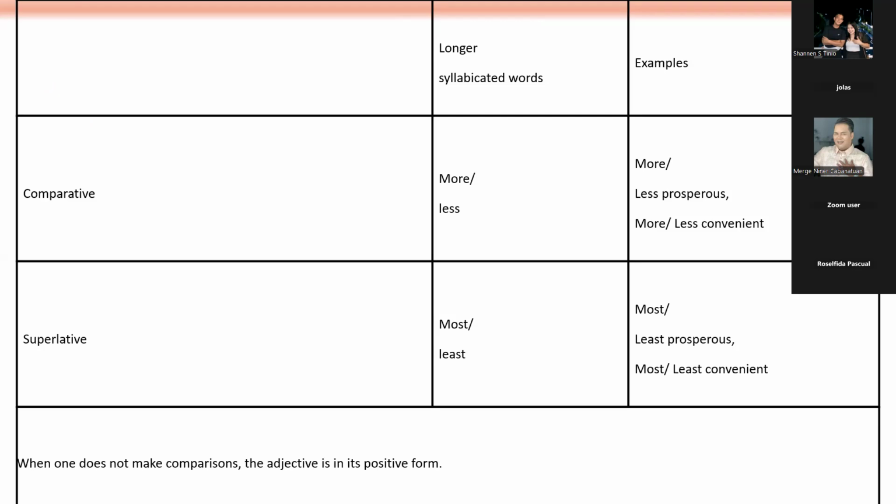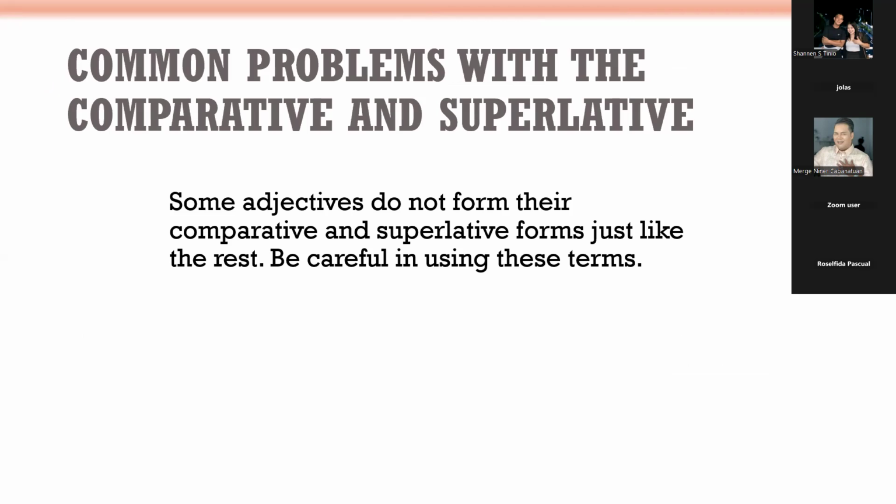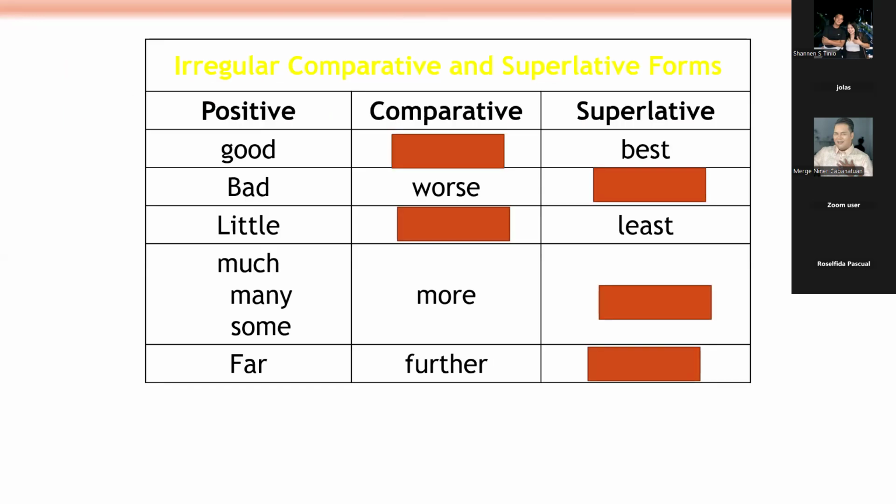Now, let me show you some examples. Common problems with the comparative and superlative. When we are talking about irregular, comparative, and superlative, this is the areas that are very confusing. So you have to be careful in using these terms. All right. What's the comparative form of good? Okay.